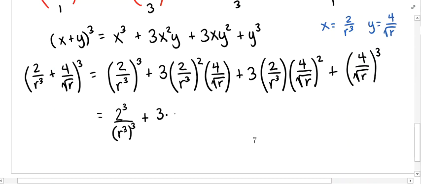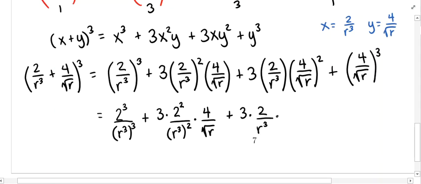We're going to multiply that by 2 squared over r cubed squared times 4 over the square root of r. Okay, let's keep going. The third term, 3 is hanging out front. We're multiplying that by 2 over r cubed times, this fraction is being raised to a power, so this is going to be 4 squared over the square root of r squared.